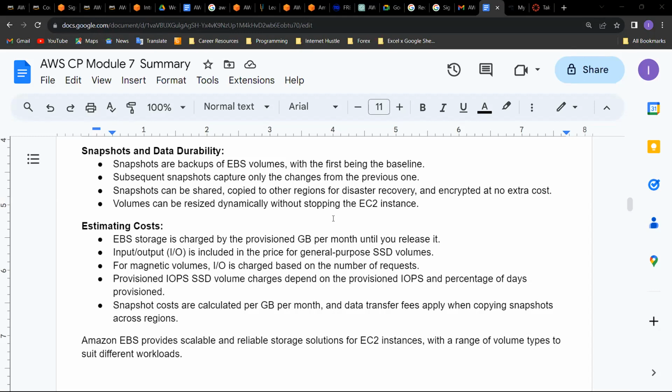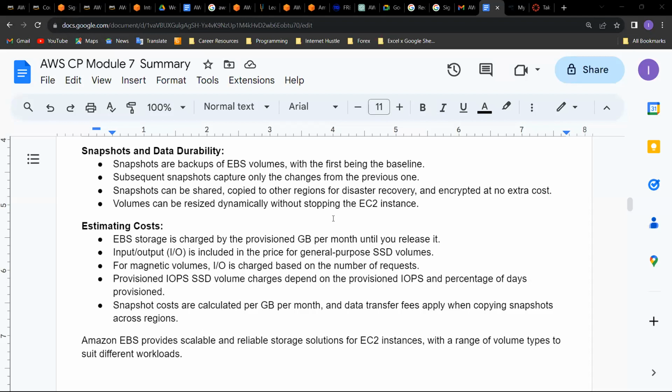All right. So for IOPS SSD volumes, the charges depend on the provisioned input and output that you make, and the percentage of data that you provision.